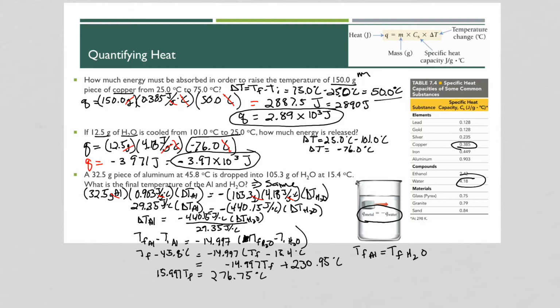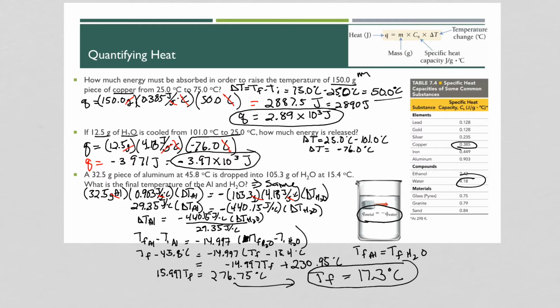And so we can solve for TF by doing the simple division now. So my TF equals 276.75 divided by 15.998, which should get approximately 17.3 degrees Celsius as your final temperature.